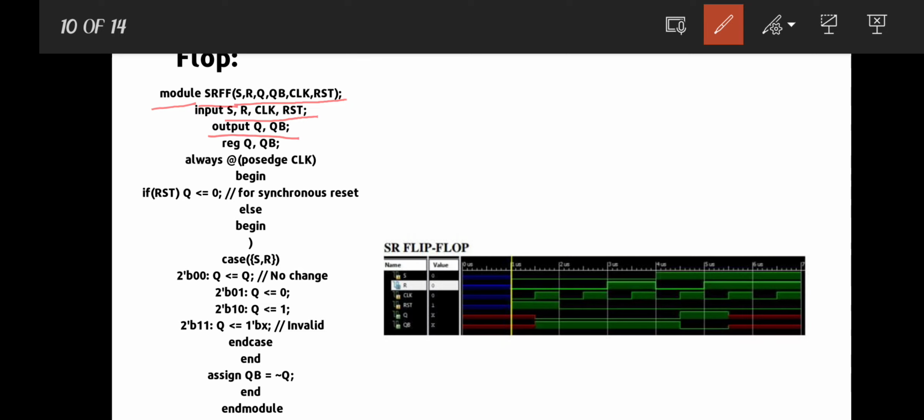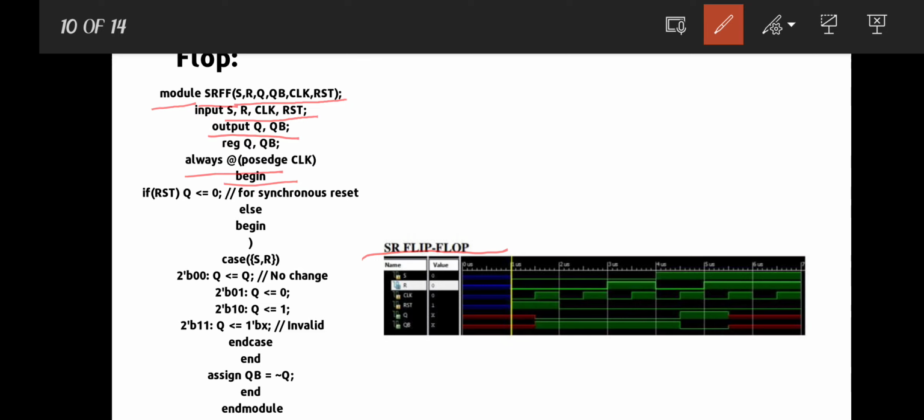The output variables are Q and QB, and the always @ operator begins. Here we have written the cases of the execution of this code, and finally close with endmodule.